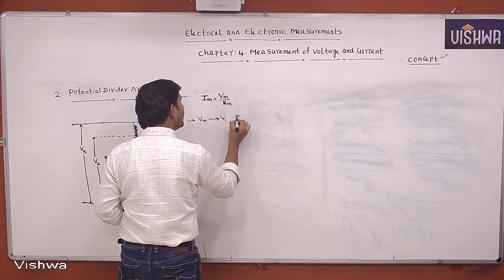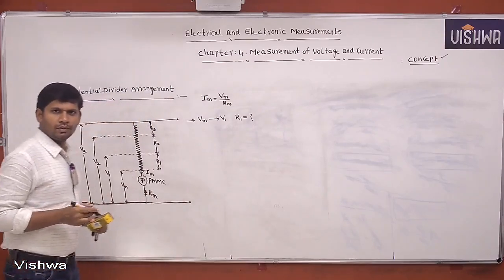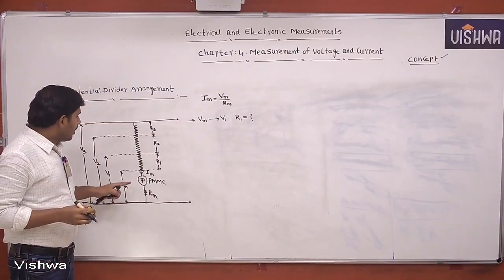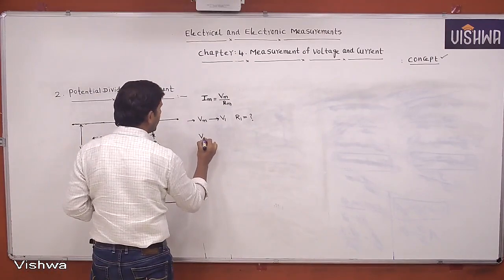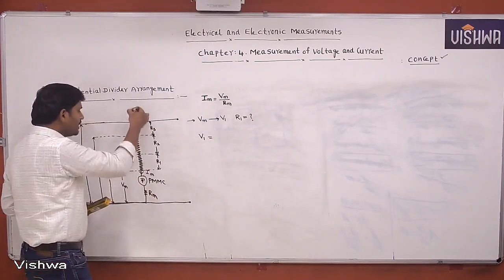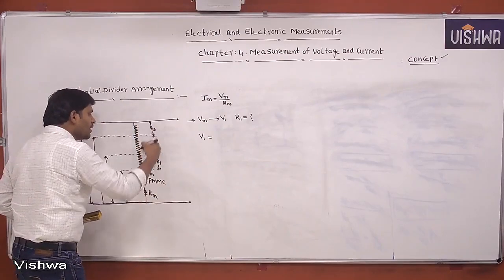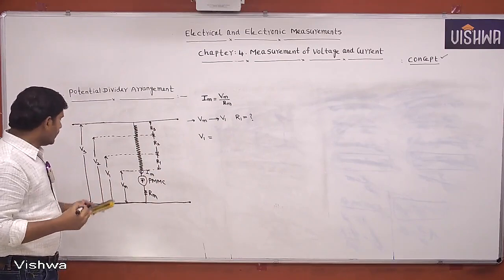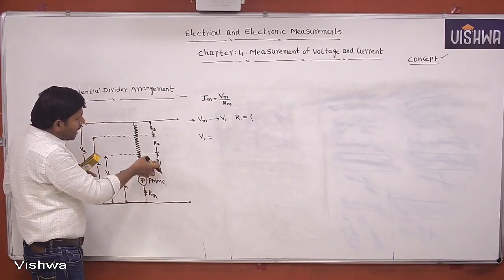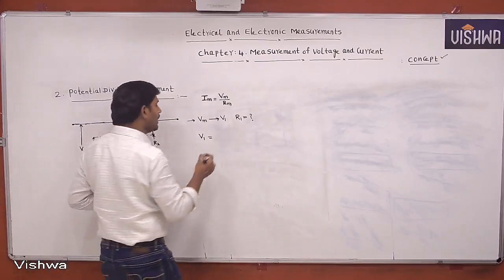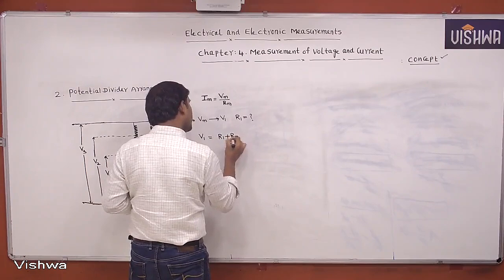How much value of R1 is selected? Then V1 equals, this is series, so the current remains the same. Whatever current is passing through the meter, here also the same current. Then V1 is Rm plus R1 into Im.